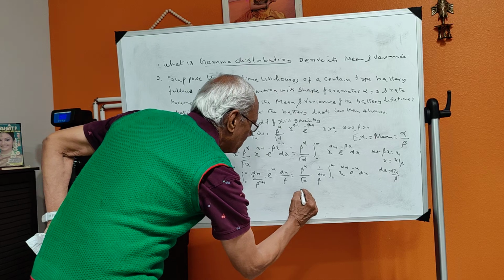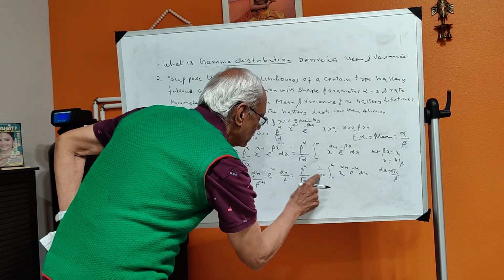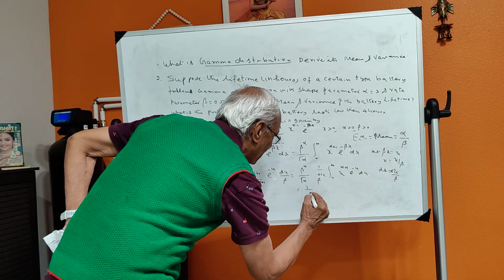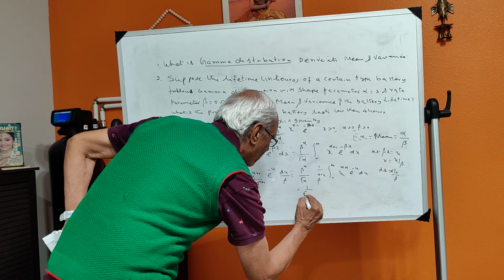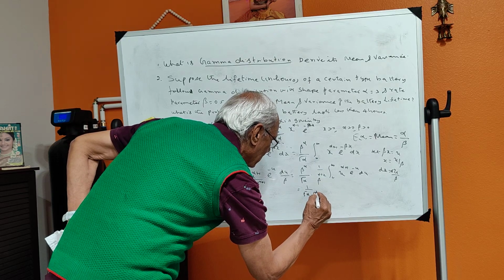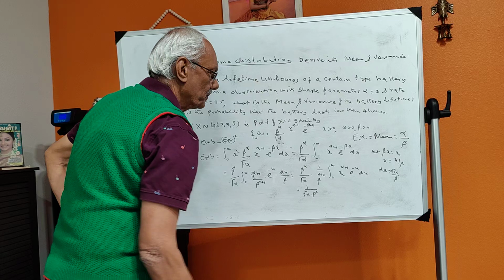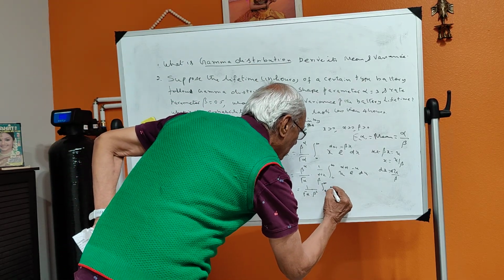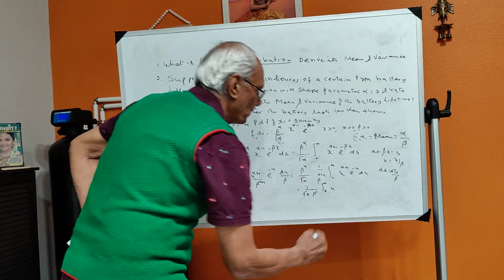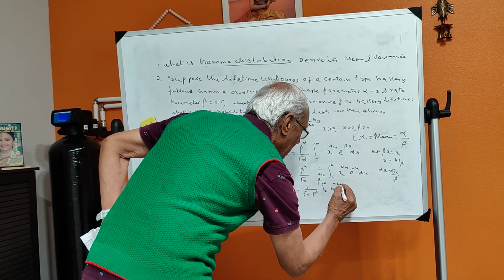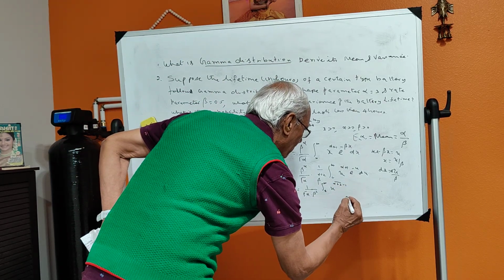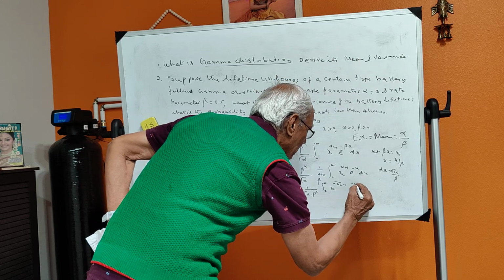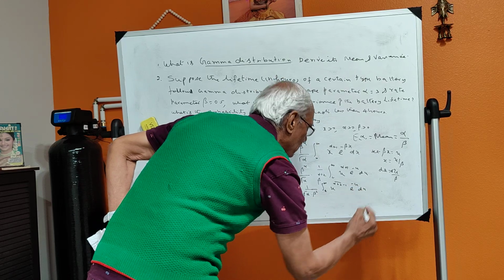So this means you get gamma of alpha into beta square into the integral from 0 to infinity of u to the power of alpha plus 2 minus 1 into e to the power of minus u du.